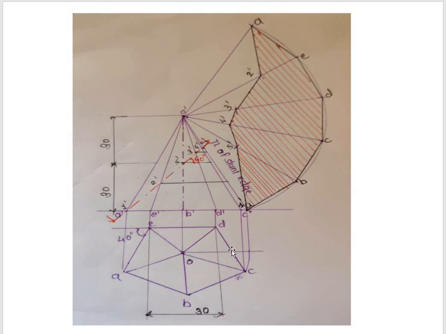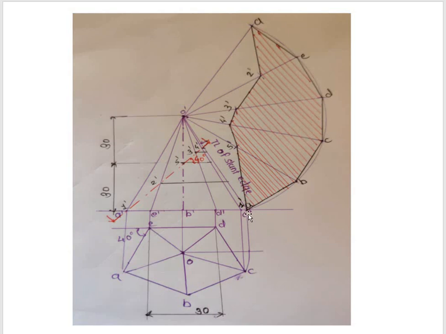So mark one horizontal line from the O, take the distance OC in the compass, and rotate this distance up to this horizontal line, and after that make a straight line up to the xy line, and you will get this C dash point, okay, and join this C dash point up to the O dash, okay. Now this is your true length, or the true length of a slant edge. In this way you will get the true length of a slant edge.